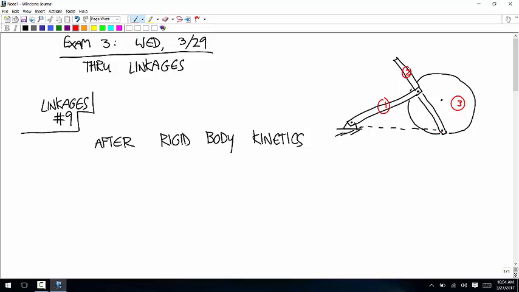But this is not connected to the ground. This is only connected to the disc. This is the one that's connected to the ground, a pin joint down here. Right, the middle one is to the ground. That's a pin joint.